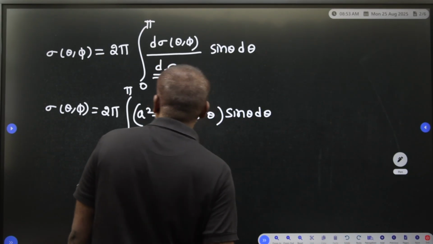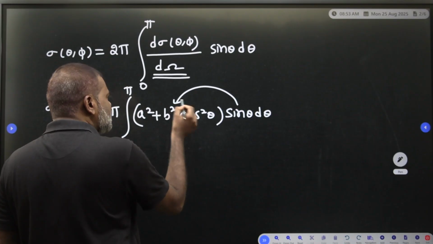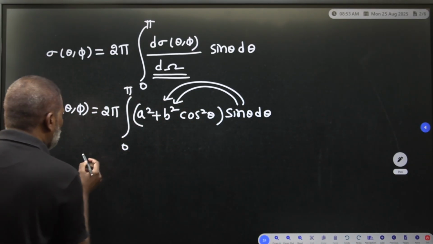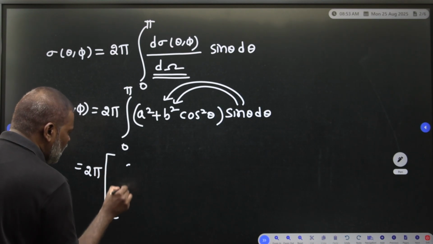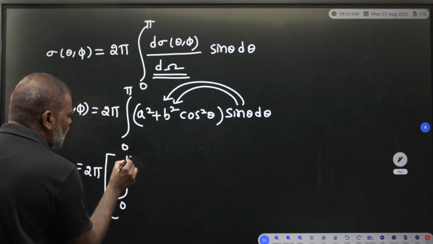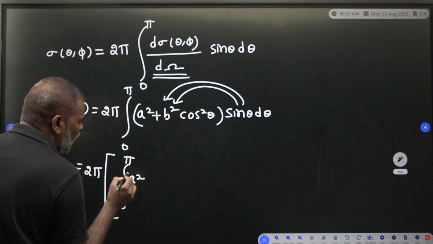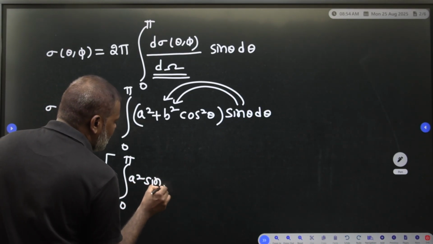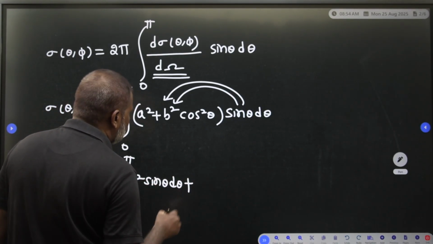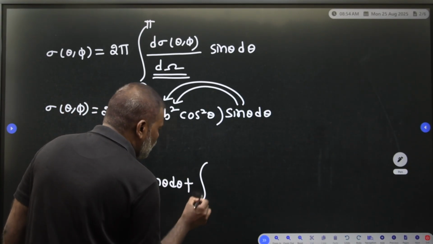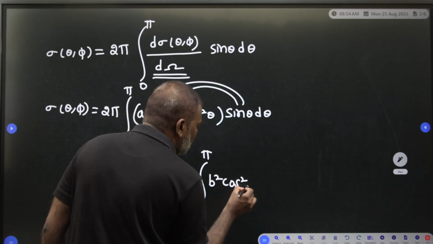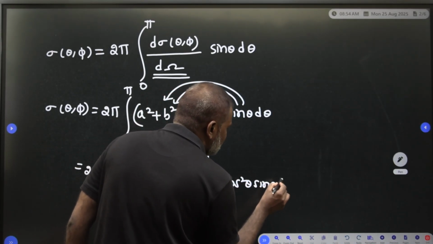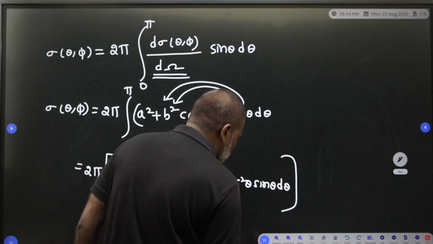Now you have to bring it inside. So our single integral becomes a double integral: 0 to pi a square sin theta d theta plus the integral 0 to pi b square cos square theta sin theta d theta.